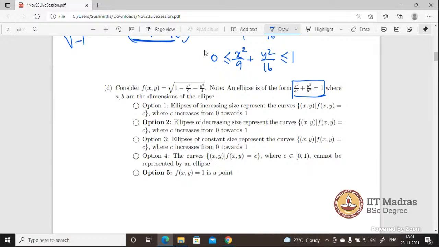Now the question is: ellipses of increasing size represent the curves f of x comma y is equal to c, where c increases from 0 towards 1. So what do you think we should do? All the options are about increasing, decreasing and so on, but we are considering ellipses of increasing size. So what should we do in this problem?